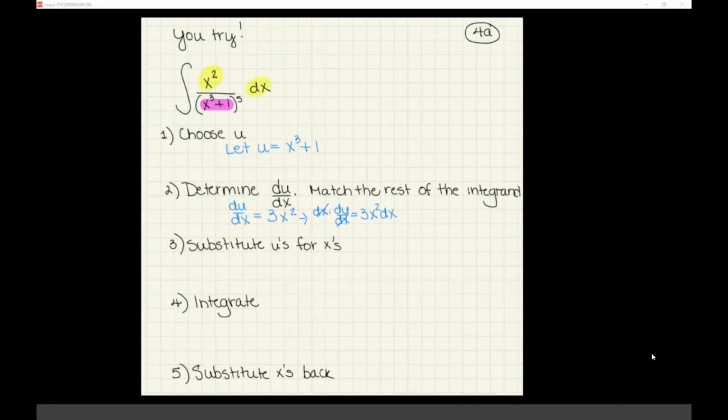What should I do with the 3? This 3. It doesn't match anything in the integral. I just want x squared dx. Anybody have any suggestions?